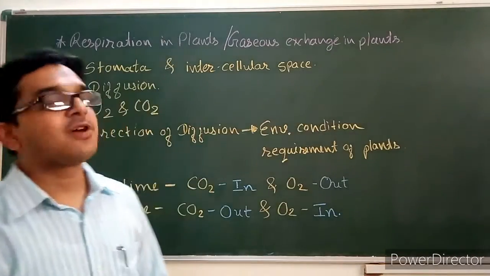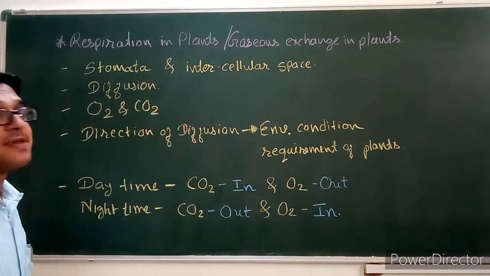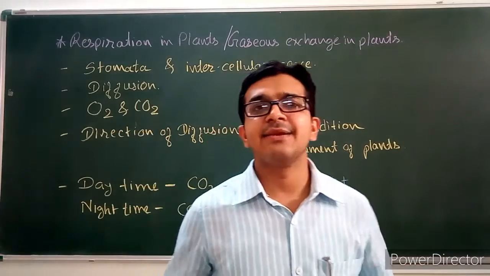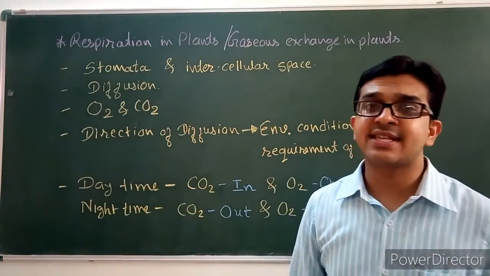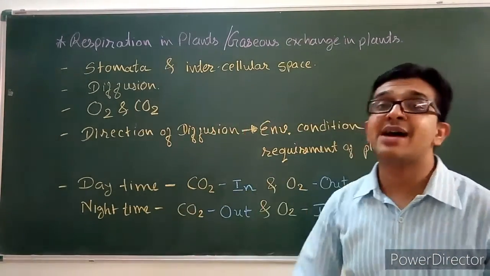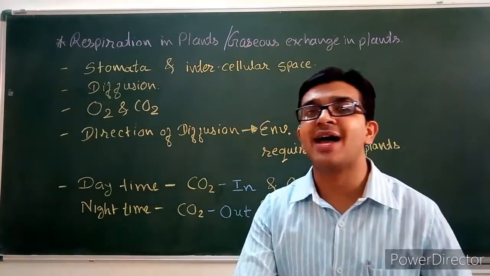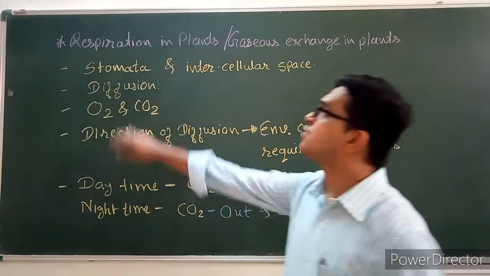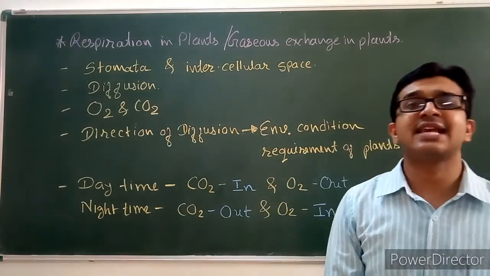Now the next topic, that is respiration in plants, or gaseous exchange in plants. Like animals, plants also show gaseous exchange. So how do plants respire? The respiration process in plants takes place through stomata and intercellular space.